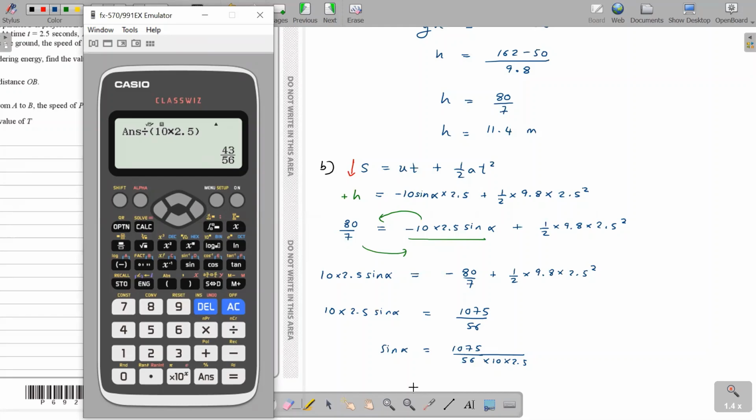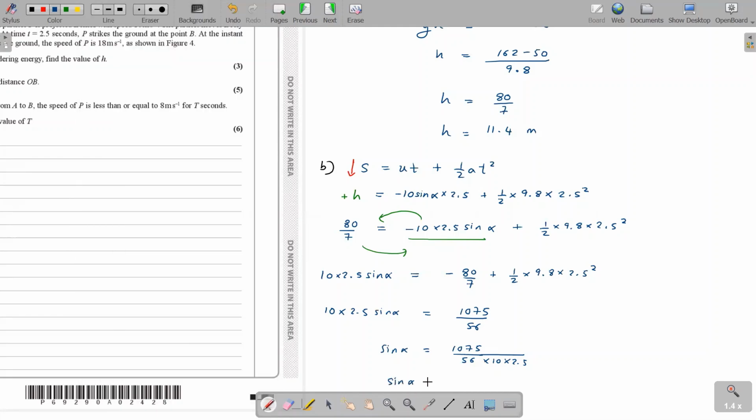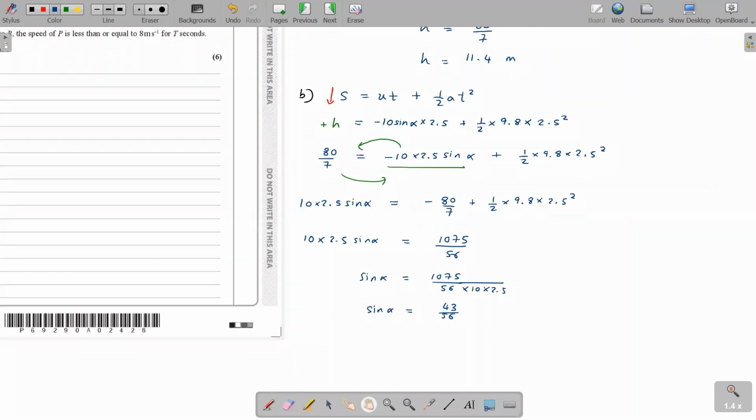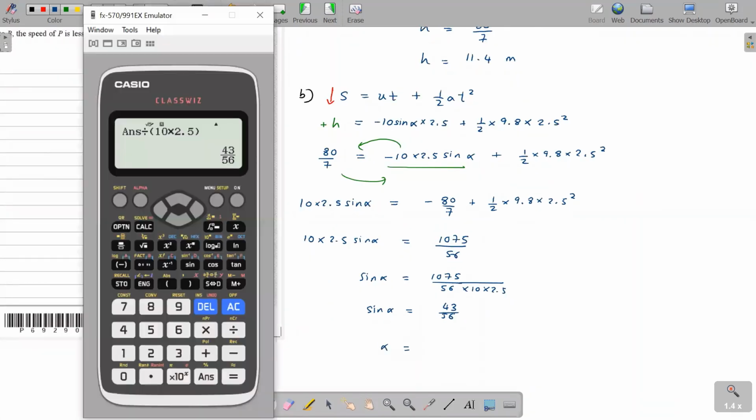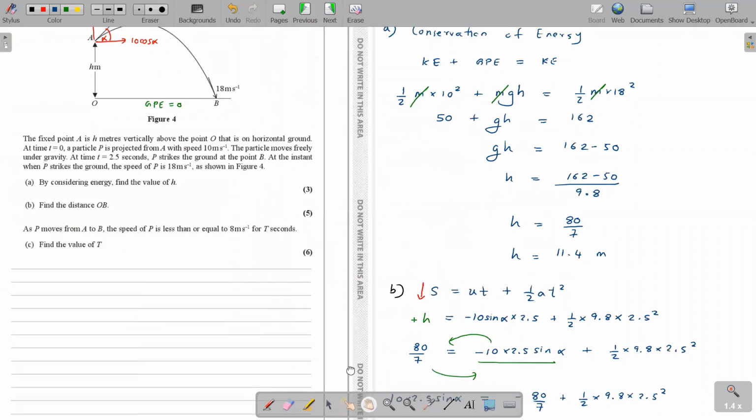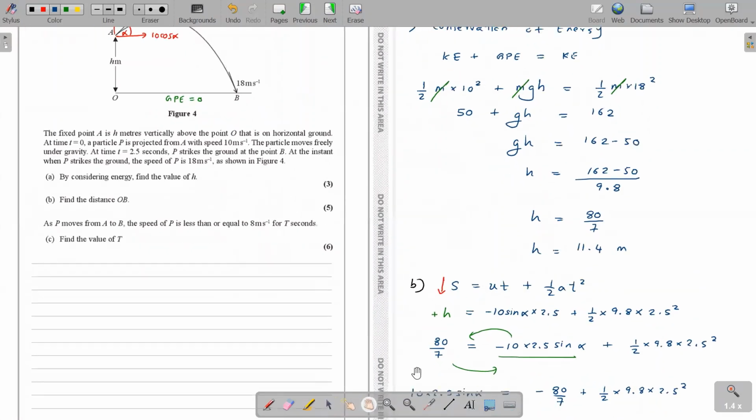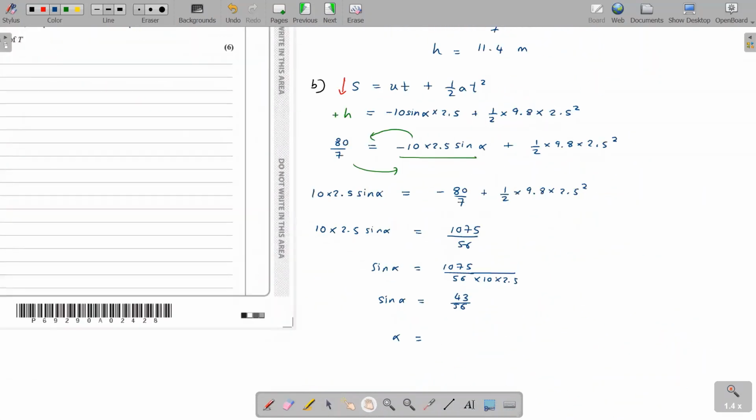I get 43/56 for sin alpha. And let's get the alpha value. Sine inverse 43/56 gives me... we'll go with degree mode, right? Have they given us any mode here? Yeah, we'll go with degree mode. It's easier for us to work here.